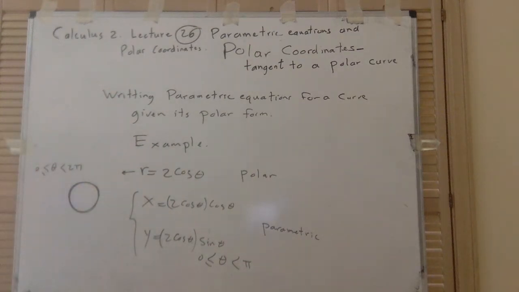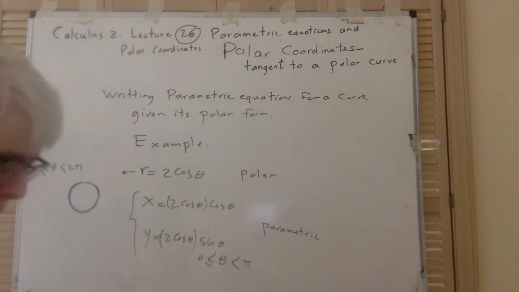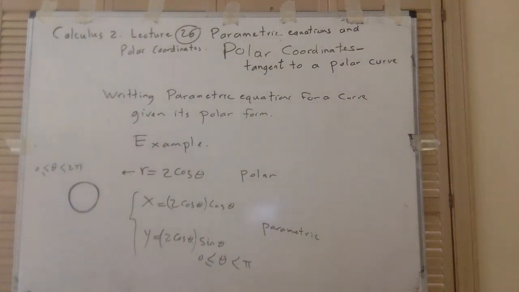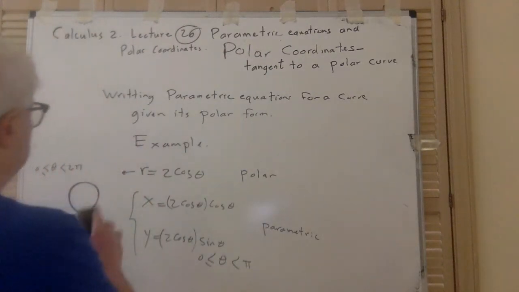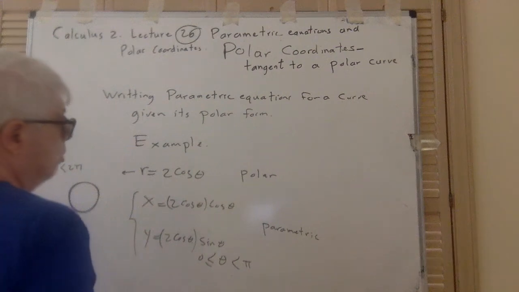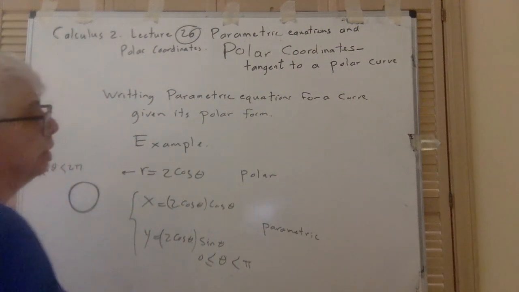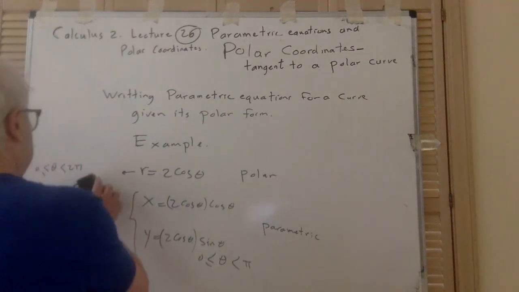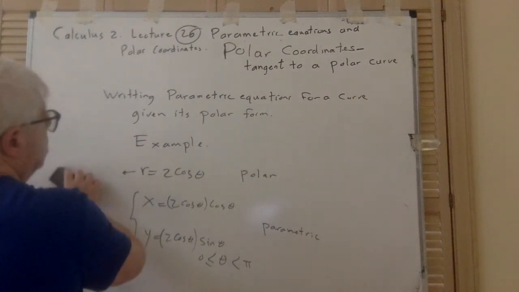If you are finding the area or arc length or anything, you will get twice the result. So be careful. I will discuss it when it comes to finding area specifically, perhaps in the next lecture.